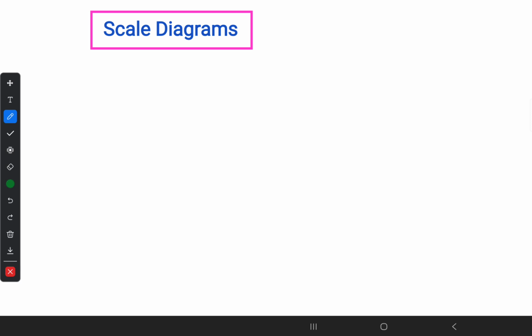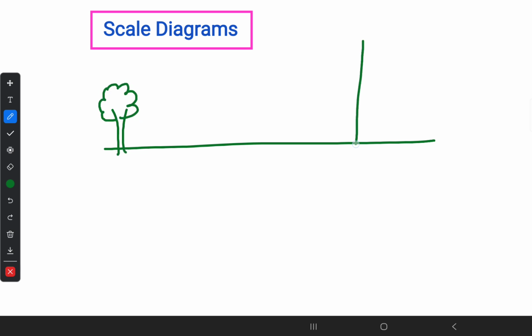First one is angle of elevation. That means this is my ground surface. Here there is a tree and here there is a building, a lighthouse. This is you.